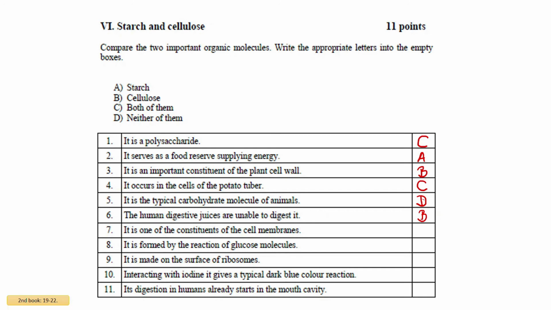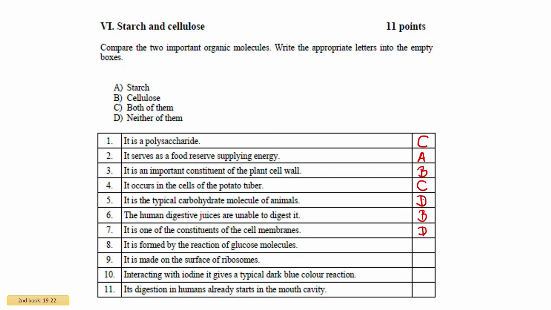Cellulose digesting bacteria can digest this kind of polysaccharide. It is one of the constituents of the cell membranes. That's going to be D. Cell membranes are made up of phospholipid molecules. There are also proteins, integral proteins and peripheral proteins, glycoproteins, and we have also discussed that in case of animals, cholesterol molecules can be found in the plasma membrane, but definitely not these kind of polysaccharides.